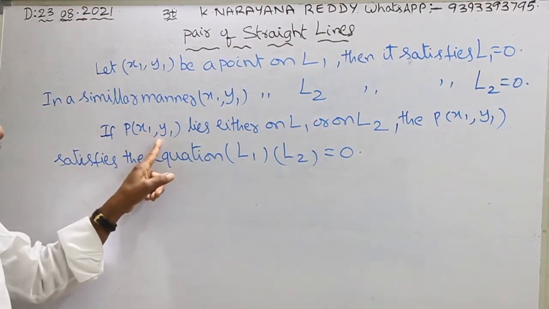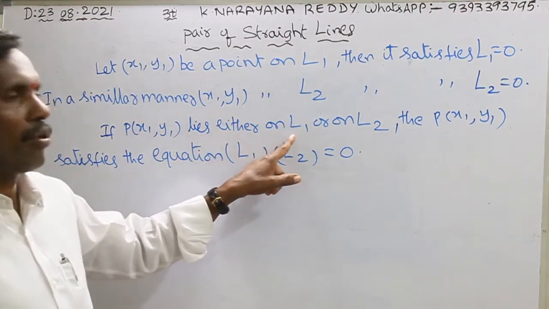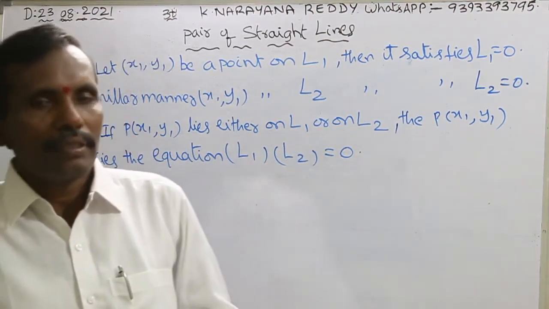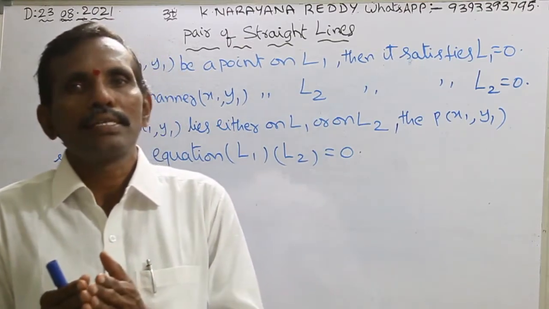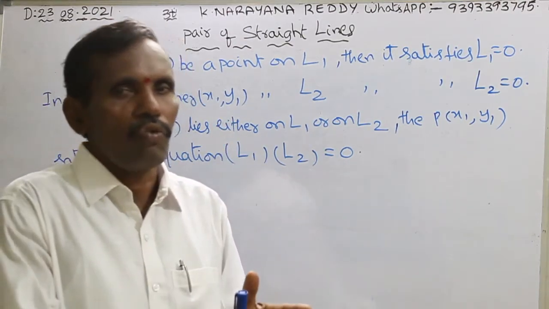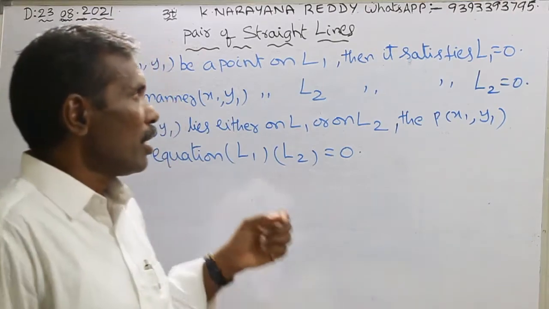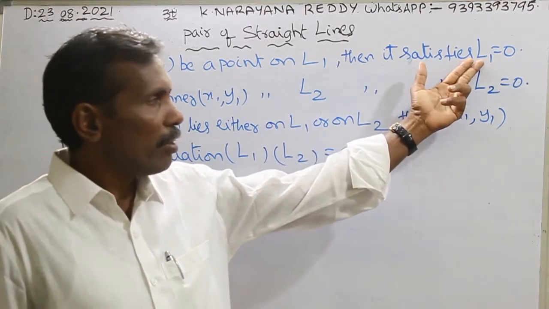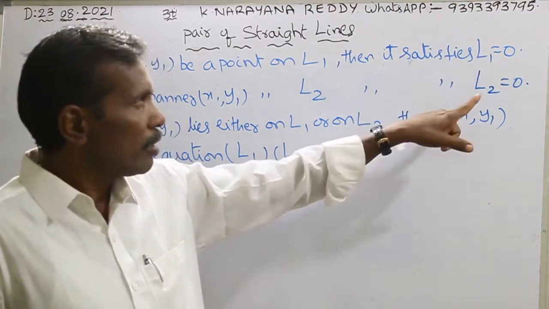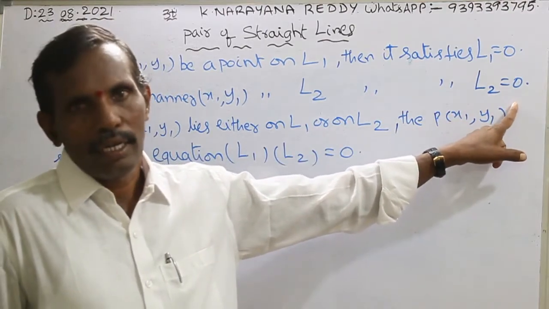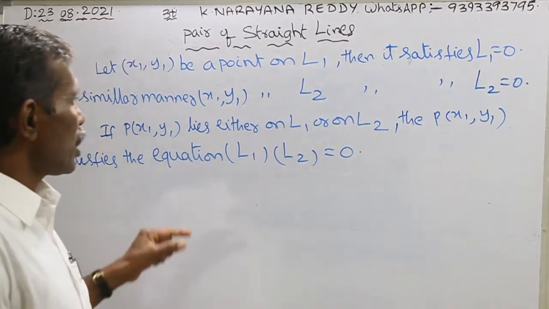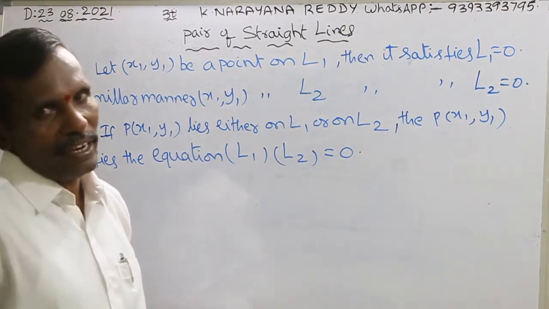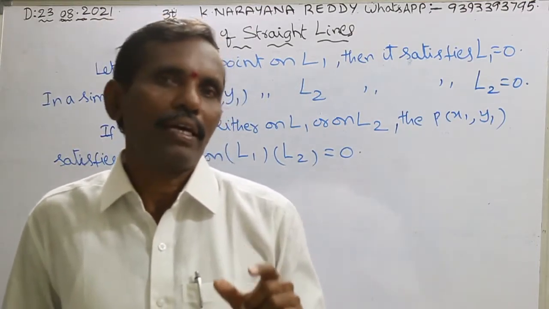If P of x1, y1 lies either on L1 or on L2, that means if we substitute the value of x1, y1 in the equation, L1 gets 0, or the equation L2 gets 0. At that time only it satisfies L1 into L2 equals 0. That is called a pair of straight lines. Equation of pair of straight lines.